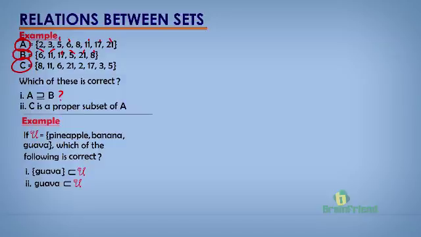And 8 is also present in both sets. So truly A contains B, because all the elements of our set B can be found in A. So we say A is the superset of B.